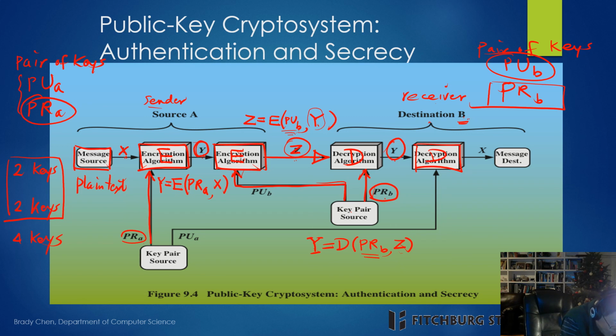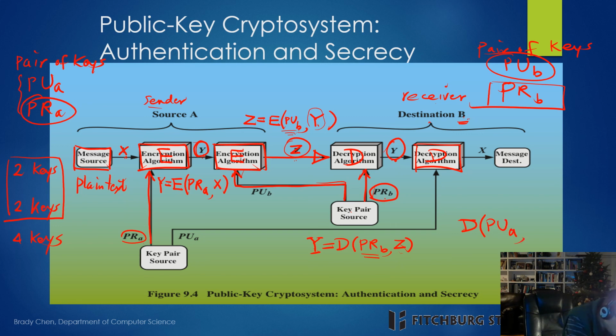Now, because Y was encrypted using the private key of the sender, in order to decrypt Y, the receiving side is going to need the public key of the sender, right?